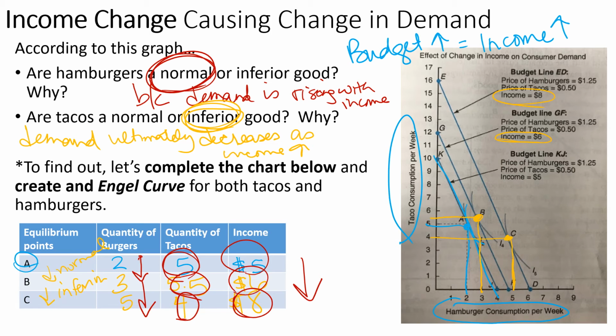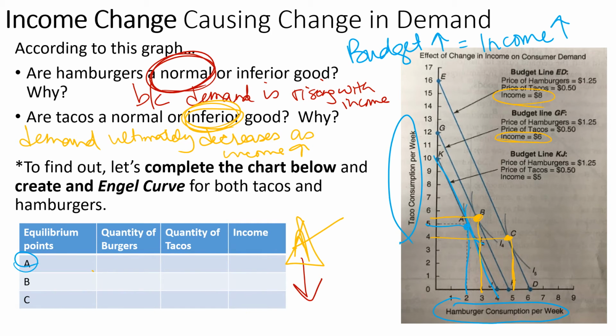Now, we can answer the question that's being asked here with the information in this chart, but sometimes economists take it a step further and they put this information on a graph called an Engel curve. I just erased all that information now.